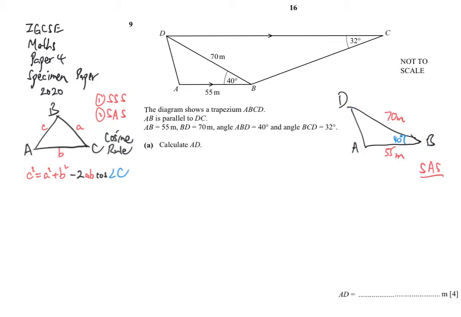According to the formula, AD squared equals 70 squared plus 55 squared, minus 2 times 70 times 55, then cosine of the middle angle, 40 degrees.